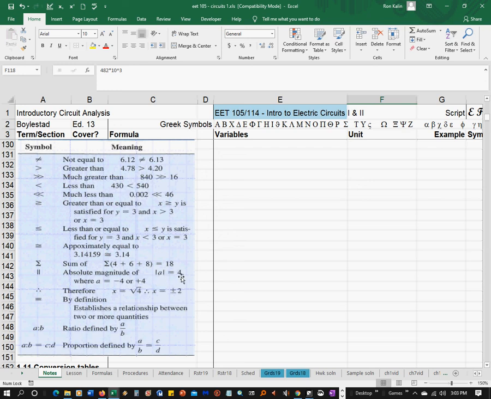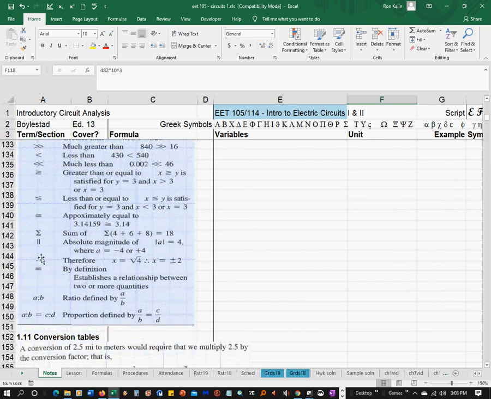So the absolute magnitude or absolute value, if you write it like this, that means that A can actually be negative 4 or positive 4. 3 dots means therefore: x equals the square root of 4, therefore x equals plus or minus 2. And 3 lines, like an equal sign, is by definition, it establishes a relationship between two or more quantities.